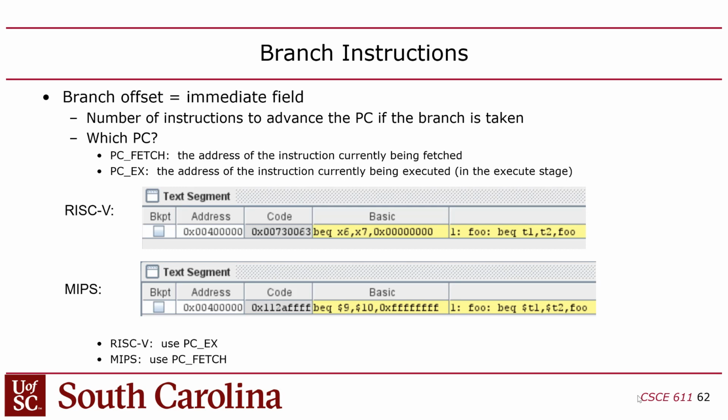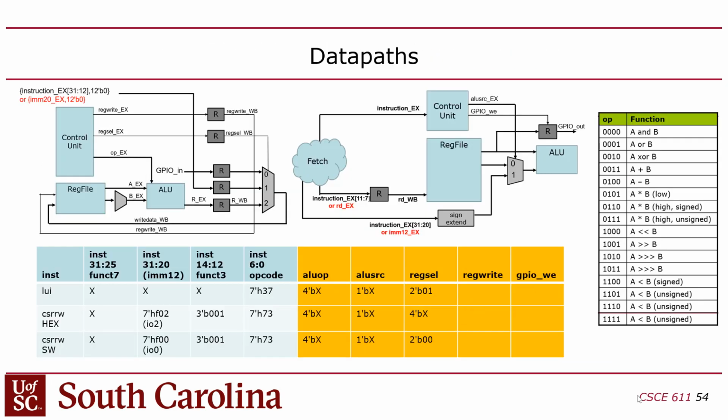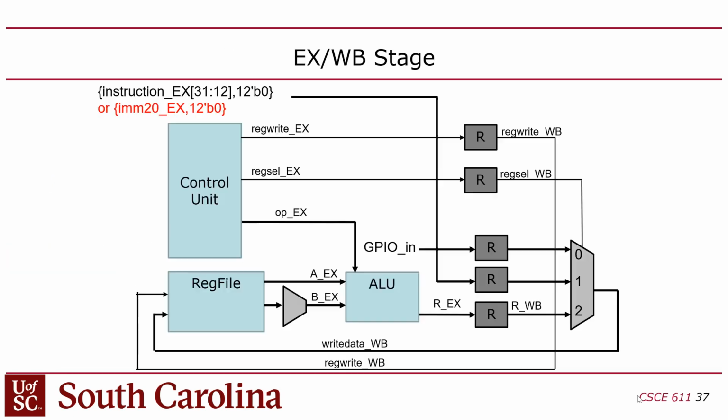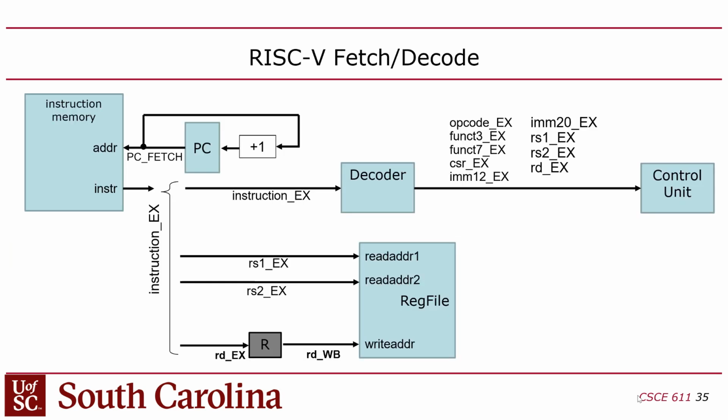So what are the implications of this in your design? Remember I mentioned that you've got a PC fetch over here. I don't show it in these ones. So we've got PC fetch, and PC fetch is fetching the next instruction. So you don't want to use PC fetch, you want to use PCEX.